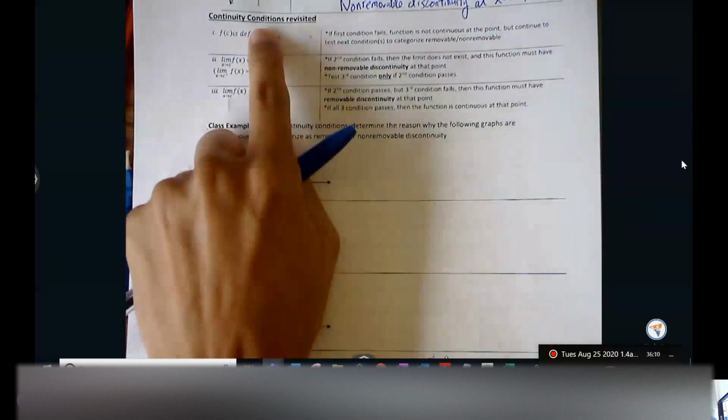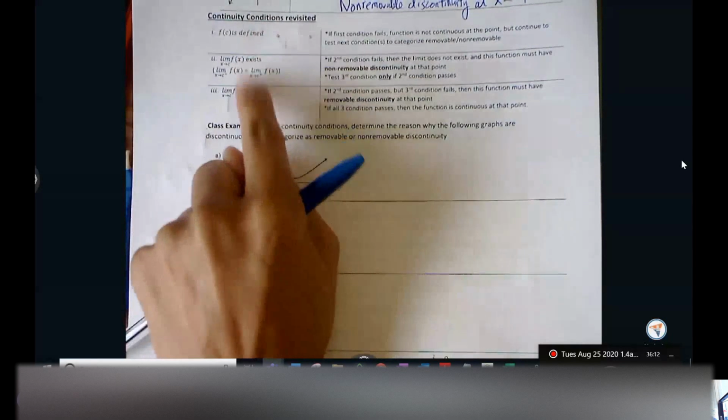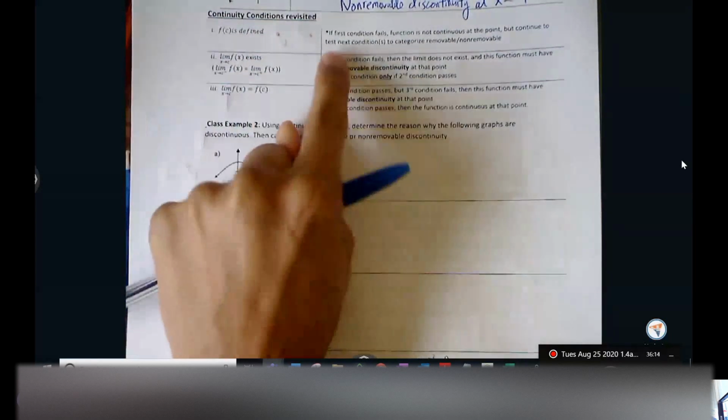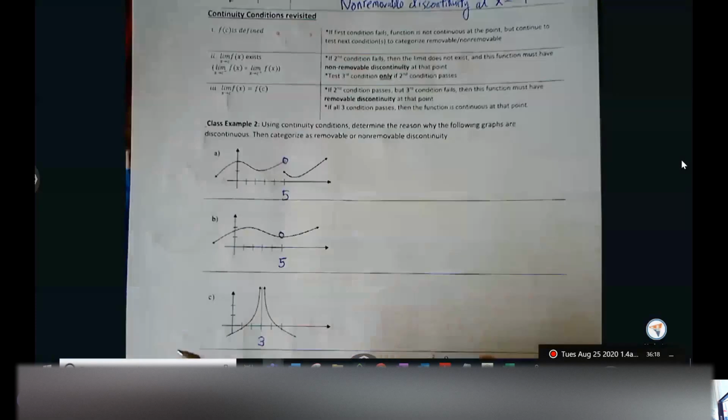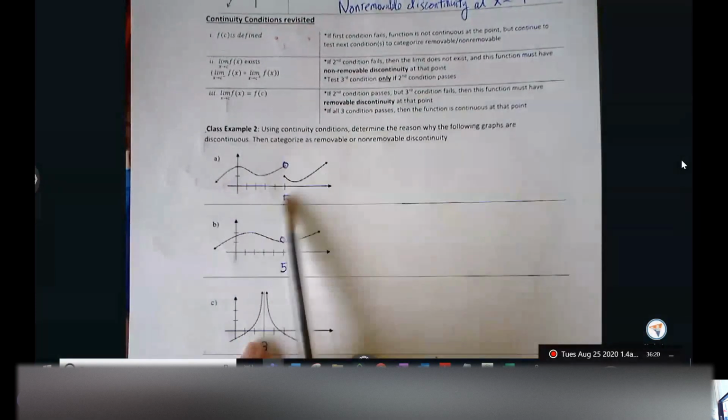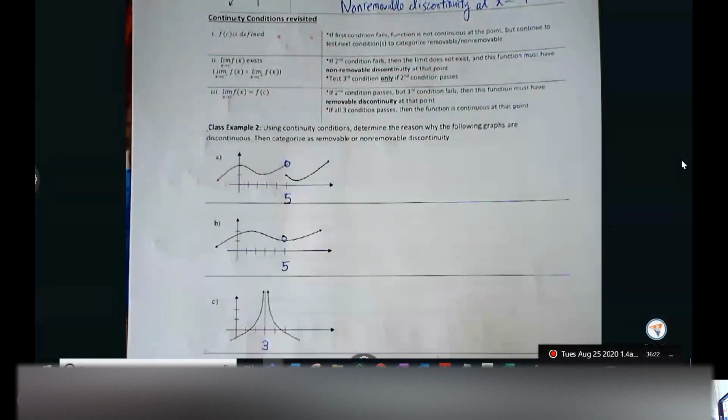You're going to have to rely on the results of these values to guide whether to move on, whether a function is continuous, and also what type of discontinuity. But right now we're going to have the graph to help us visualize and get comfortable with these continuity conditions.